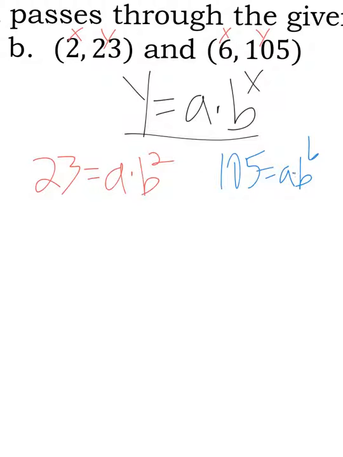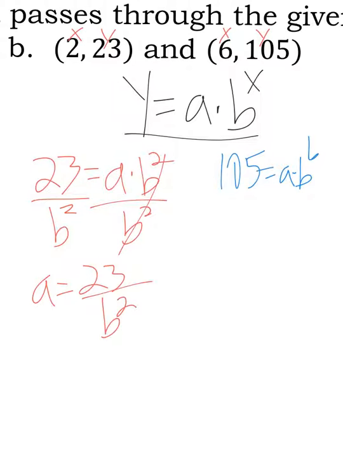And let's just solve the one on the left for a. So that means we just divide by b squared. So a is whatever 23 over b squared will be. Okay, so take that, plug it into the other a.